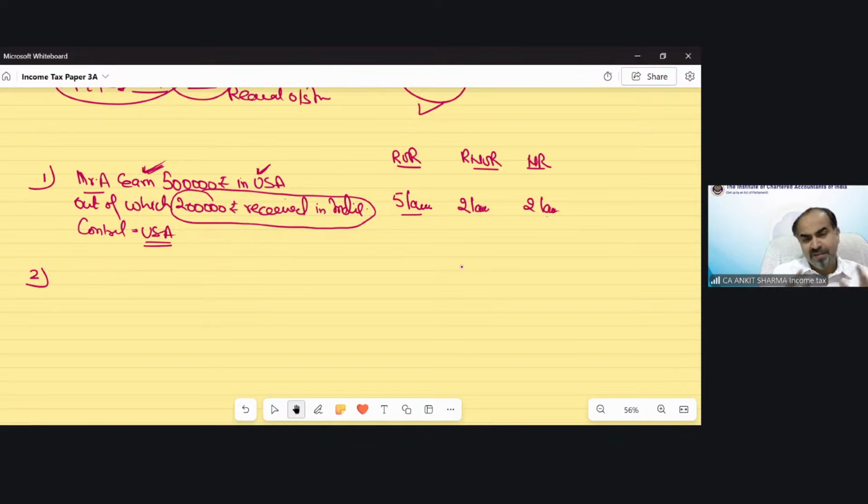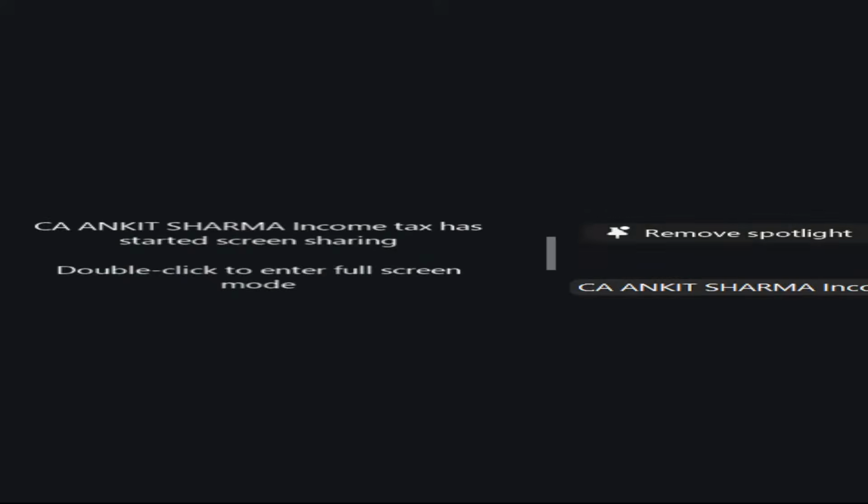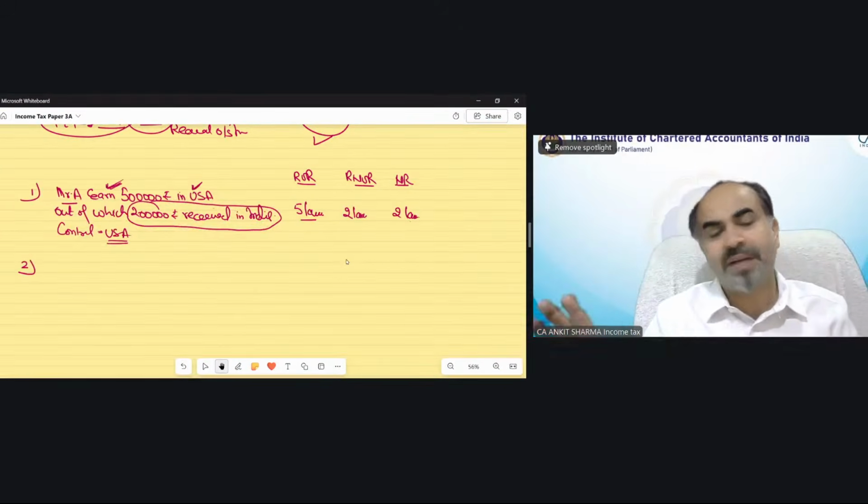So is that 50,000 income received in India, or is it just a remittance? He earned that income outside India. He received that income outside India. Now, because he wants to visit India, he brings some amount of money, as we all do. That's why remittance and brought is outside the purview of taxability.